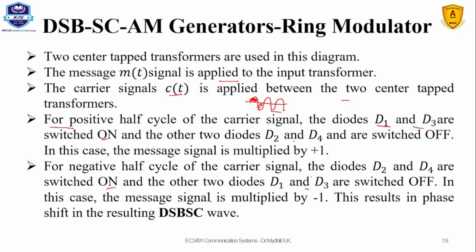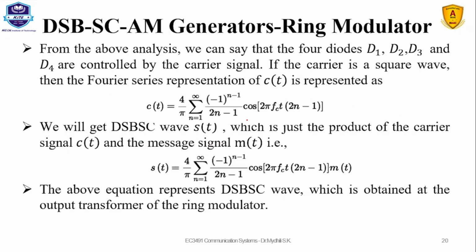In this way, in the first case we have the positive peak, so the signal is multiplied by 1, whereas for the negative case, the amplitude is multiplied by -1. Hence there will be a phase shift with respect to DSB when it starts with a negative input. That is what is explained here.